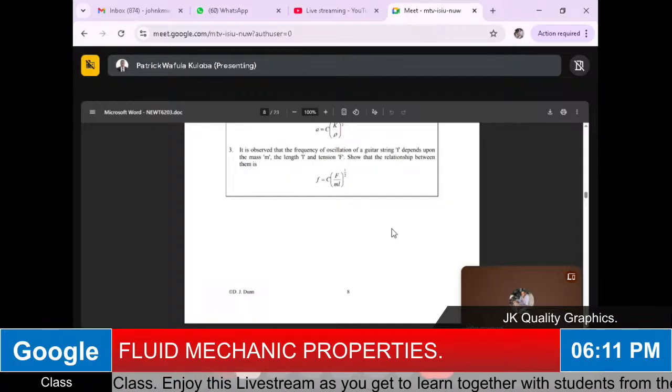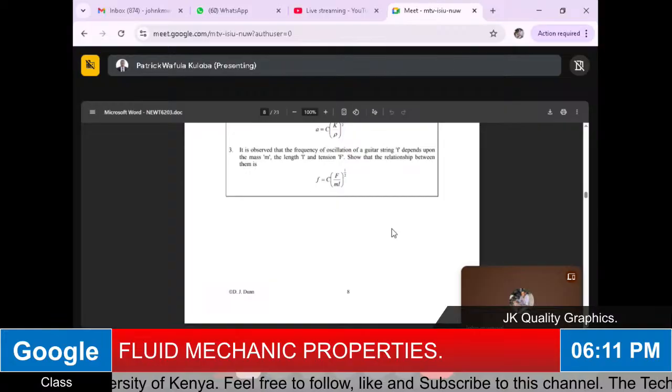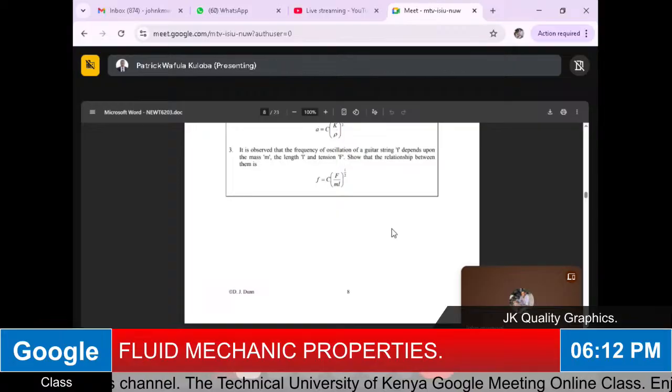You can write this down. They are mostly found from experimental observations. For example, the Reynolds number is a dimensionless number. The Froude number, F-R-O-U-D-E.